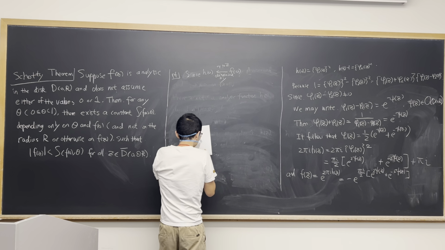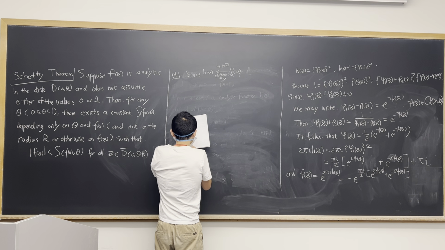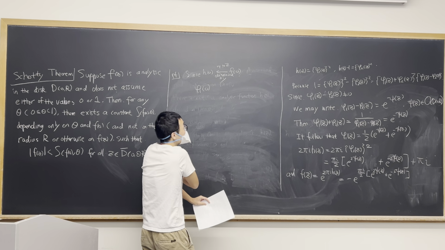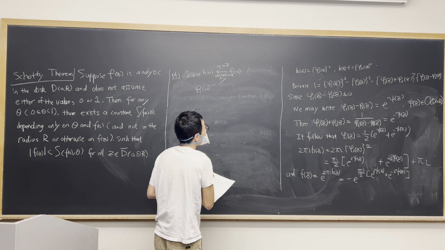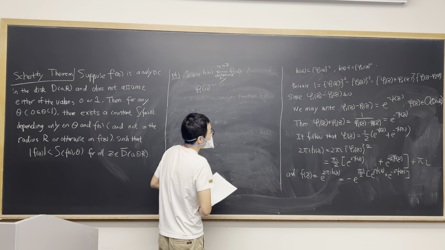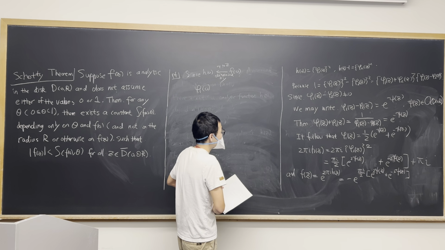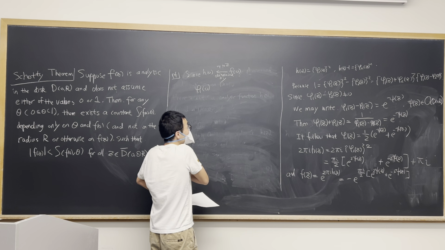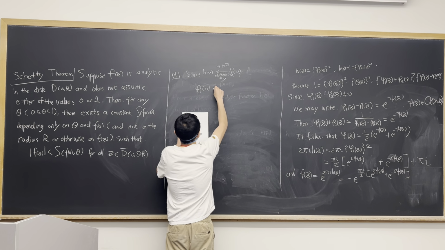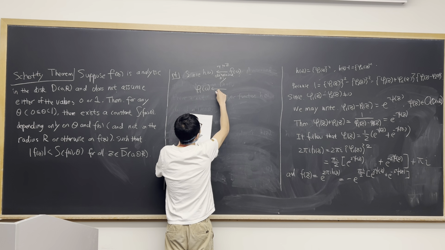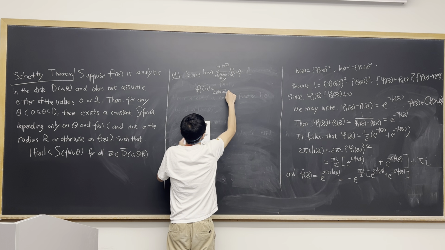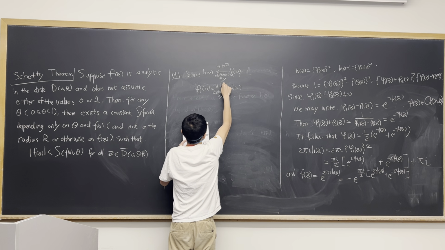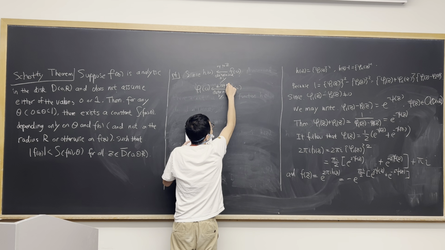And then we say that this phi 1 of 0 is determined by this h of 0 up to a plus or minus sign.